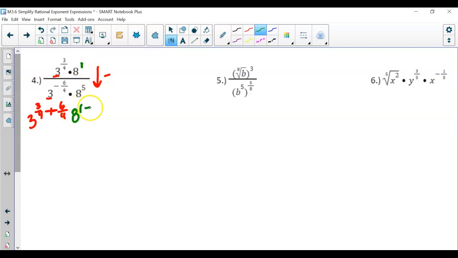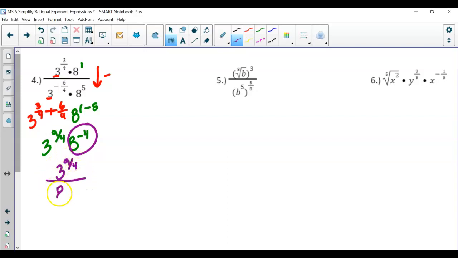So 1 minus 5, top to bottom. So here you have 3 to the 9/4, because again, 3/4 minus a negative. Then 8 to the not 4, because that's 1 minus 5, so negative 4. Then negative exponent here, so you have 3 to the 9/4 over 8 to the 4th power.